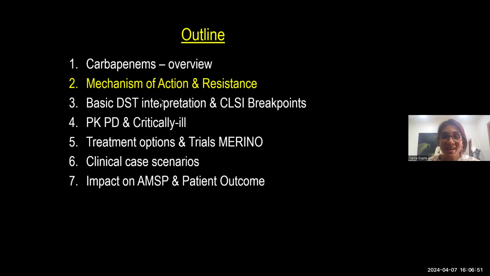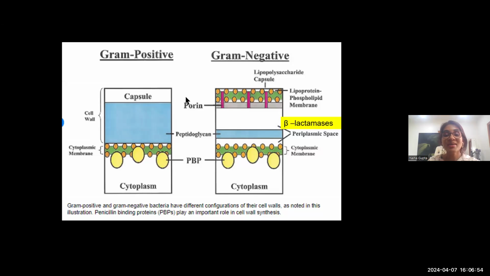How do the carbapenems act? So carbapenems inhibit the cell wall synthesis. And for us, it's important to understand the different configurations of the gram-positive and the gram-negative bacteria. The cell wall is thick in case of the gram-positive because of the presence of the thick peptidoglycan layer, and few of the gram-positives may have a capsule. This is followed by a thin cytoplasmic membrane and, of course, the cytoplasm.